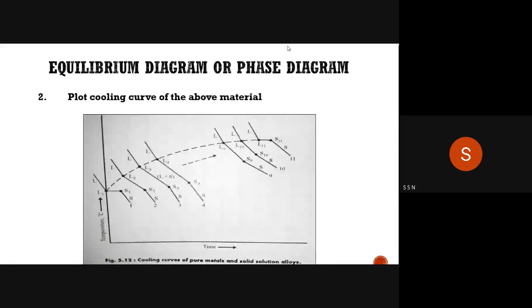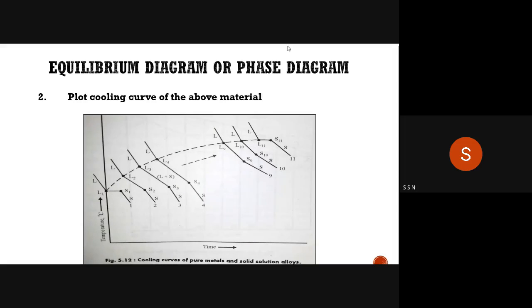L1 is a pure metal, L2 is for 90% copper and 10% nickel, and for L3 the cooling curve is shown for 80% copper and 20% nickel. Like that, we have plotted the cooling curves for all 11 materials.